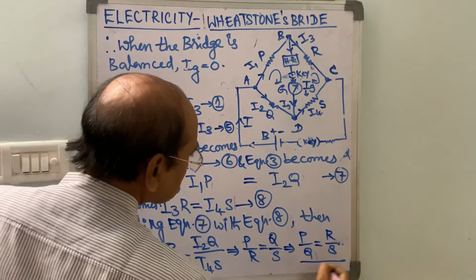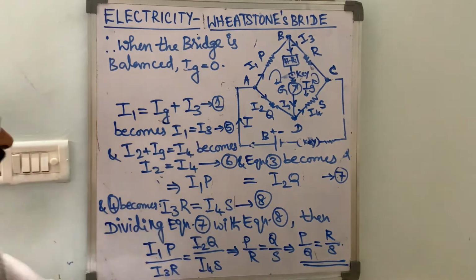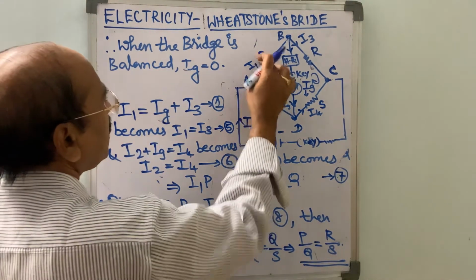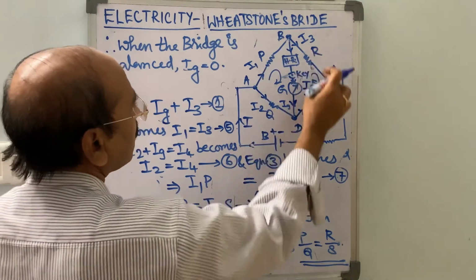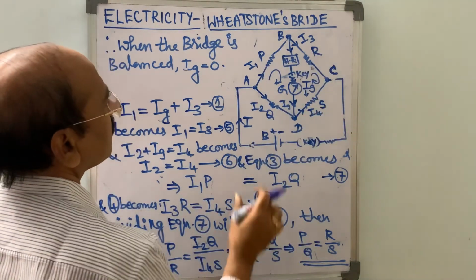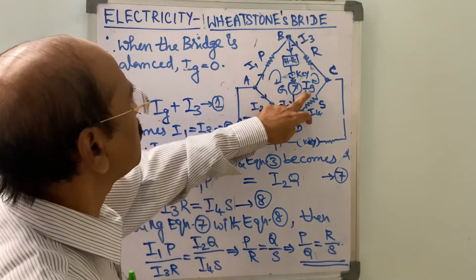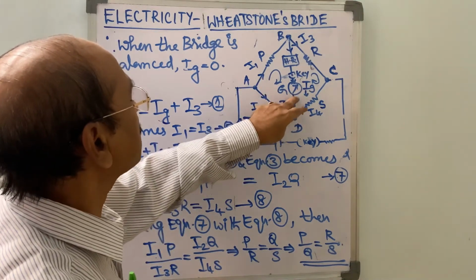This is known as the balancing condition of the Wheatstone bridge. Therefore, the ratio of P and Q is equal to the ratio of R and S. Then the bridge is balanced and Ig becomes 0. The current flowing through the galvanometer becomes 0.